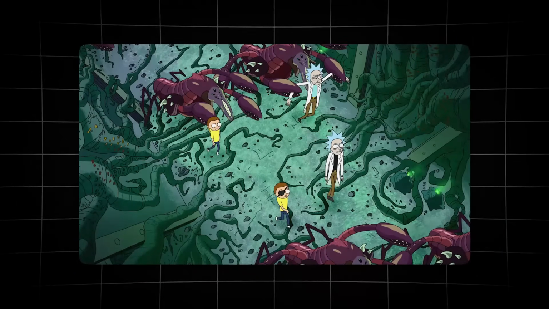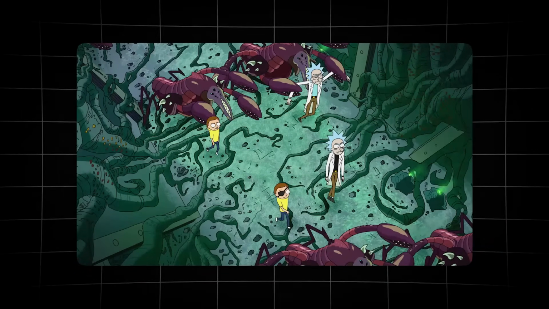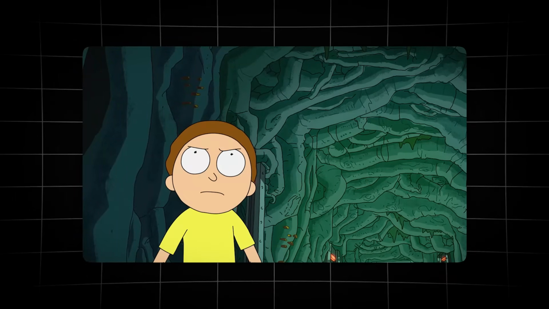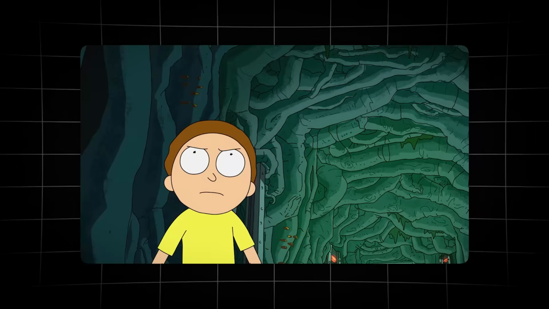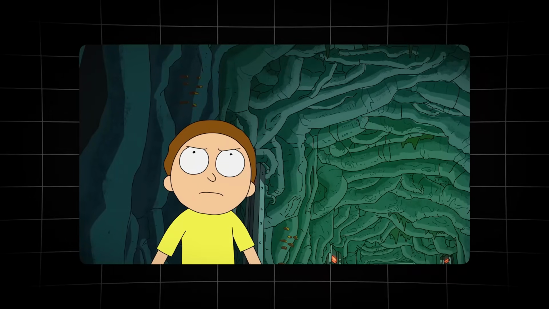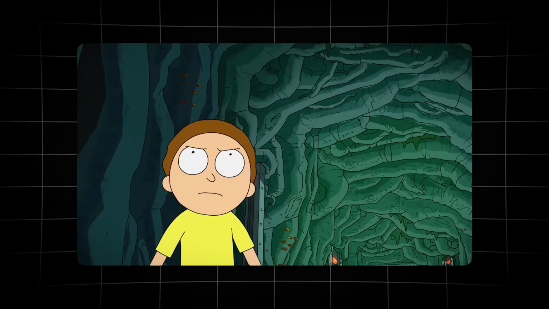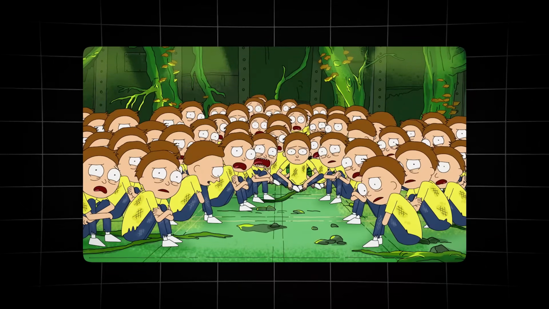The episode ends with Evil Morty successfully escaping with Rick C-137's brain data, the Citadel completely unaware that a Morty orchestrated everything, and Rick C-137 having no idea who really framed him. The operation represents a perfect crime executed across multiple dimensions. 27 Ricks died. Dozens of Mortys were tortured.